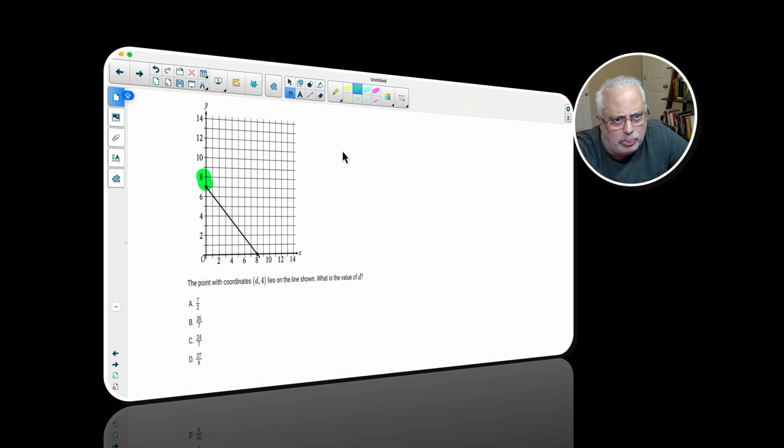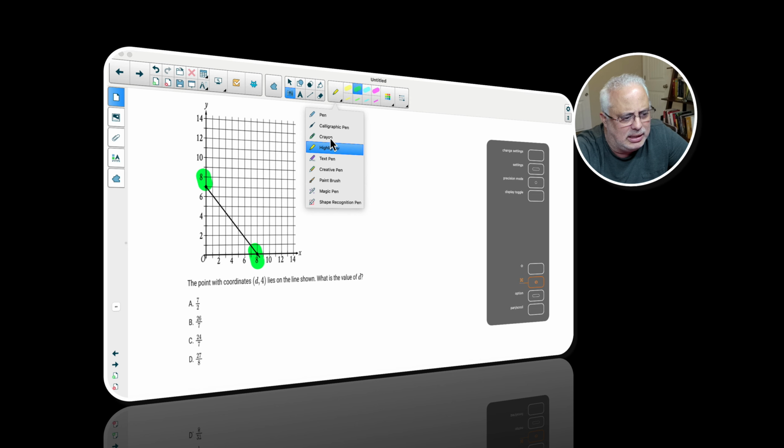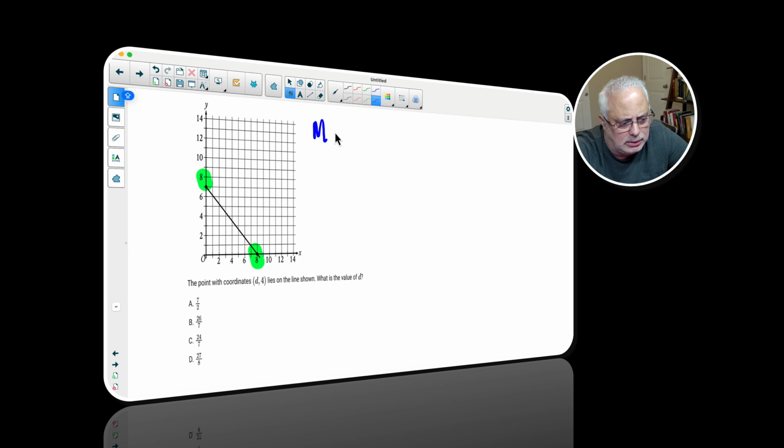And I need the slope. But to find the slope, I just need one more point and use rise over run. So I have the second point right here, which is the x-intercept. So let's find the slope immediately. Remember that it is rise over run, or y2 minus y1 over x2 minus x1.